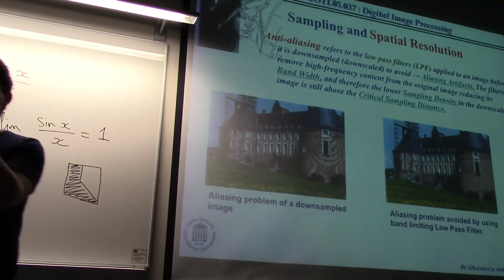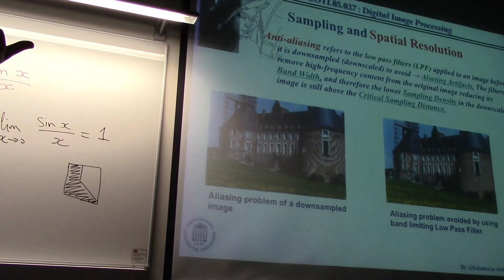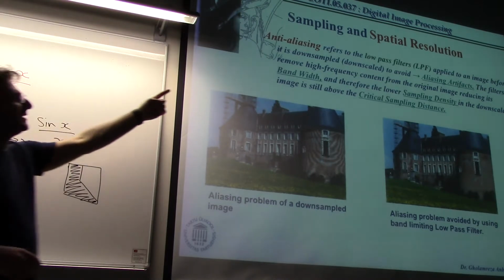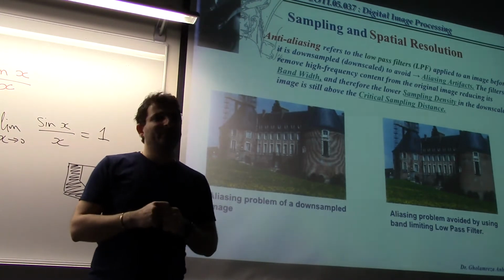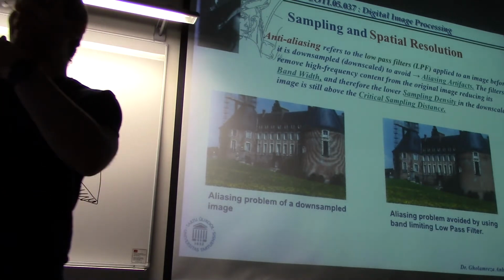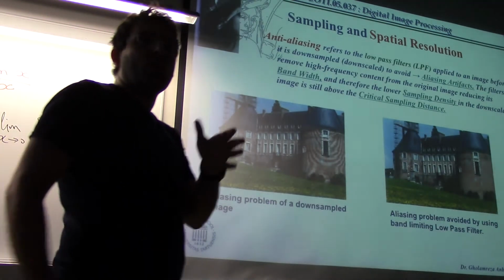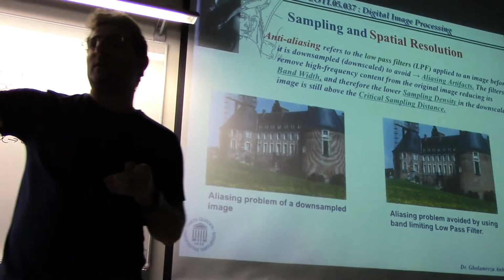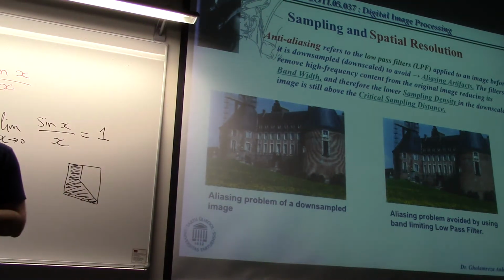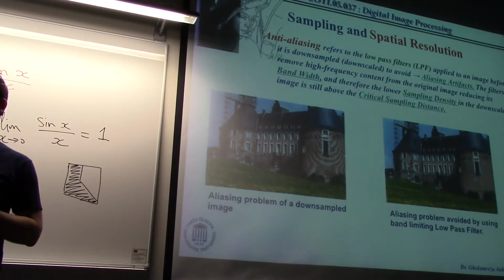But if you go and make a movie of a lion for National Geographic, you cannot ask the lion, can you please shave, because you have lots of high frequencies. So you have to find a way. And one way, as we said, is using a low-pass filter. What a low-pass filter does is it kills the high frequencies. Now, the question is what should be the cutoff? Which high frequencies do we have to kill? How do I understand which high frequencies I have to kill?